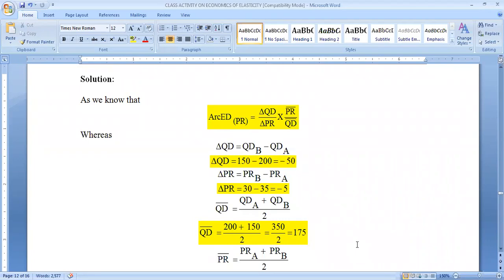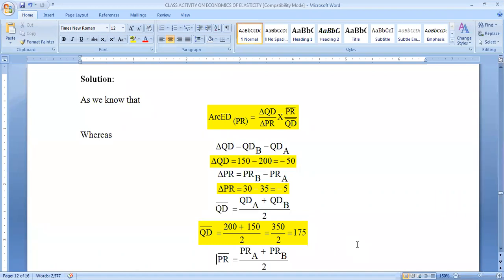Now let's find delta QD first, which is the difference between the quantity demanded of the 2 points, QD at point B minus QD at point A. QD at point B is given as 150 minus QD at point A, which is 200. So the difference is minus 50. Then delta PR equals price of related good at point B minus price of related good at point A. So 30 minus 35 equals minus 5.